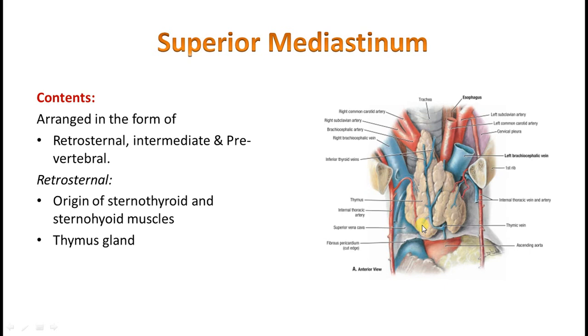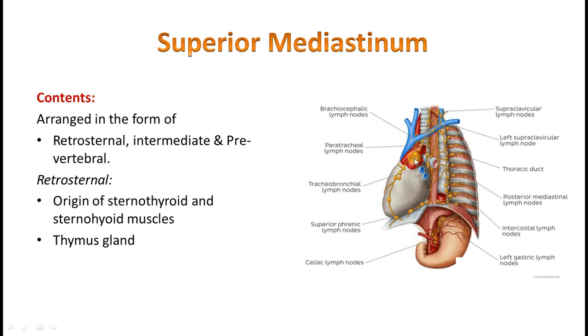It is one of the primary lymphoid organs, responsible for the production of T lymphocytes. So the origin of sternothyroid, sternohyoid, and the thymus gland form the retrosternal part of the superior mediastinum. That is the thymus gland for you.